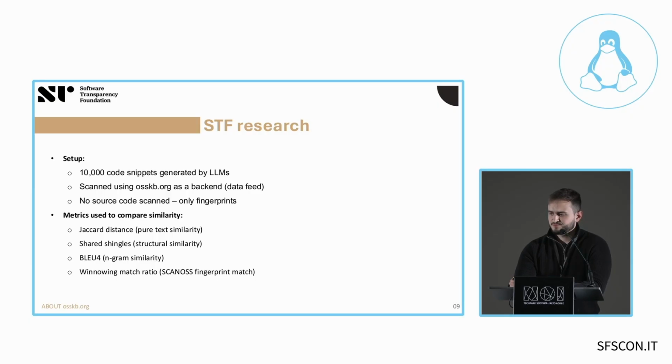Going on to the setup of the research, the study grabbed 10,000 code snippets generated with LLMs, and scanned them with the free service I mentioned. And, something I forgot to explain, the matching isn't done using source code lines, it's done using hashes, which is more accurate and fast.